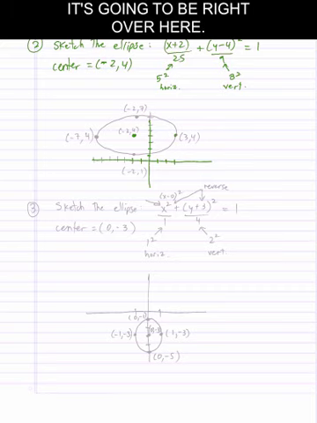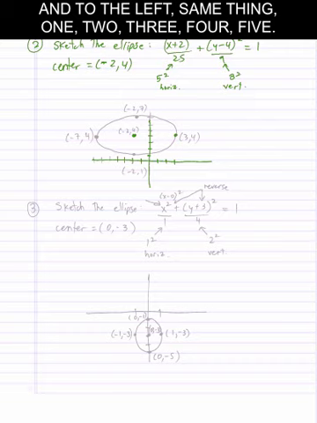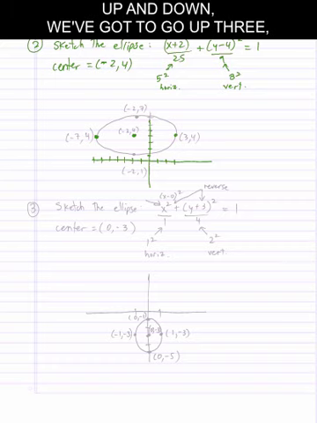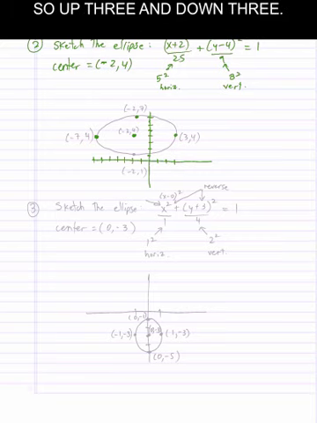So it's going to be right over here. And to the left, same thing. 1, 2, 3, 4, 5. Count 5 this way. Up and down, we've got to go up 3. So up 3 and down 3.